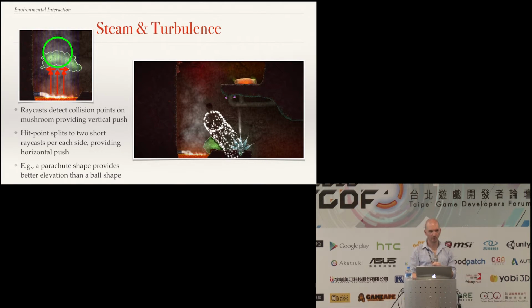Those raycasts in turn apply an additional push towards the side, which favors a shape like a parachute versus a ball. This is the simplest model I can make of turbulence. Instead of doing something complicated, I just use a very, very basic raycast.